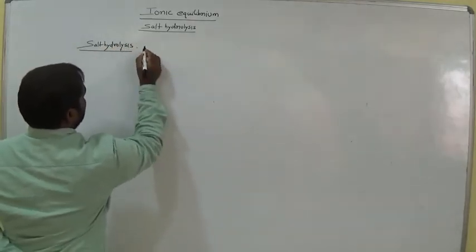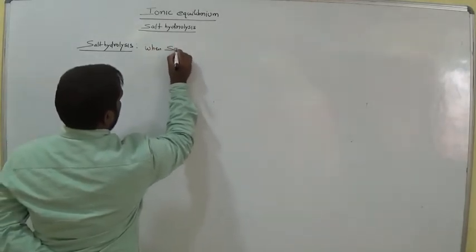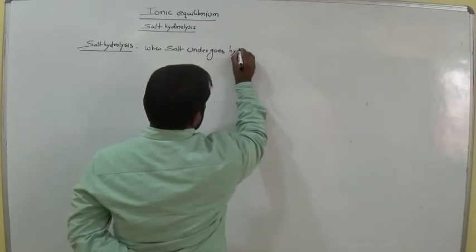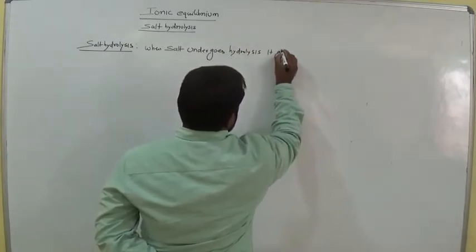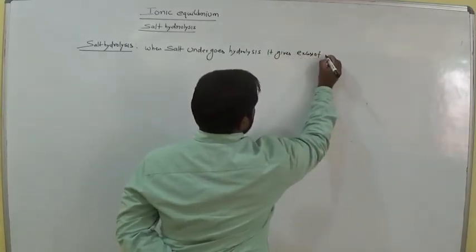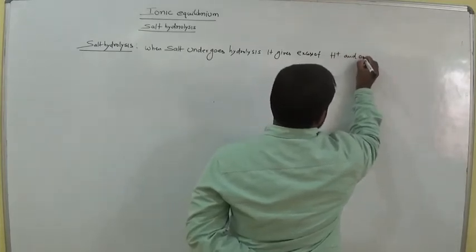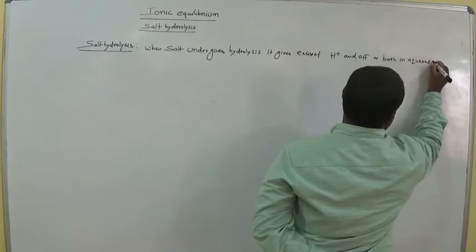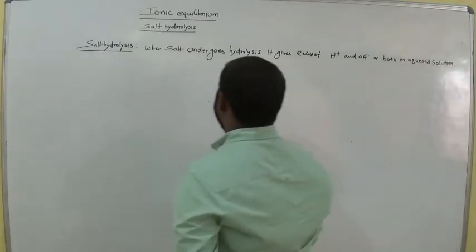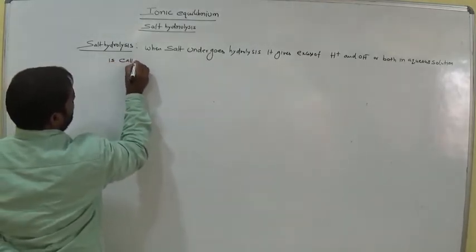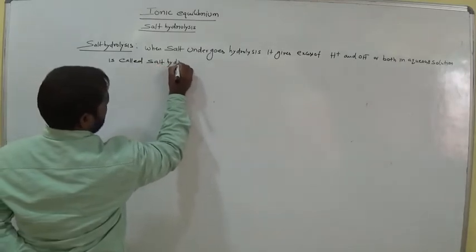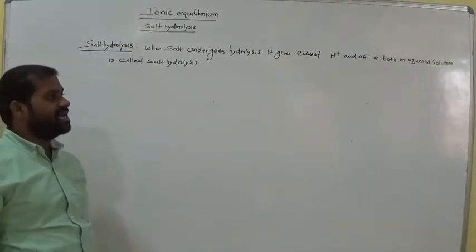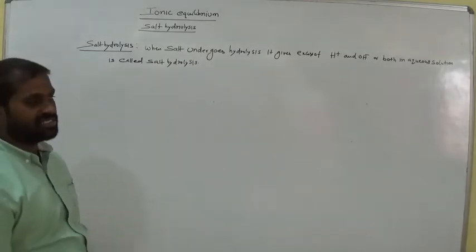Salt hydrolysis means when a salt undergoes hydrolysis, it gives excess of H plus or OH minus, or both, in aqueous solution. When salt undergoes hydrolysis and gives excess H plus or OH minus in aqueous solution, it is called salt hydrolysis.